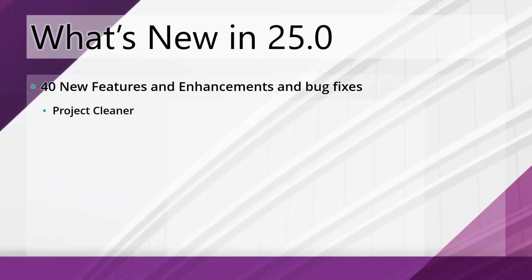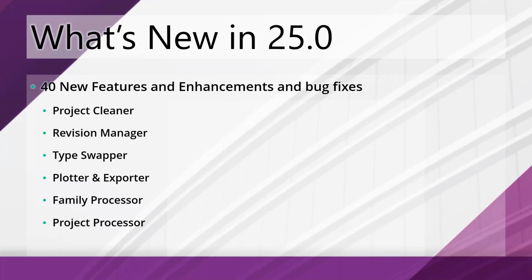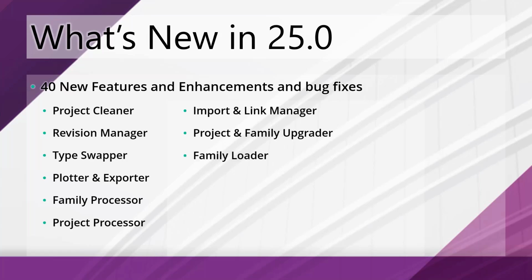Within these 40 items, we're addressing things in Project Cleaner, Revision Manager, Type Swapper, Flutter Exporter, Family Processor, Project Processor, Import Link Manager, Project and Family Upgrader, Family Loader, Spreadsheet Link, View Creator, and Fire Rating. And I didn't list it, but our BIM 360/ACC connector that is on the App Store.